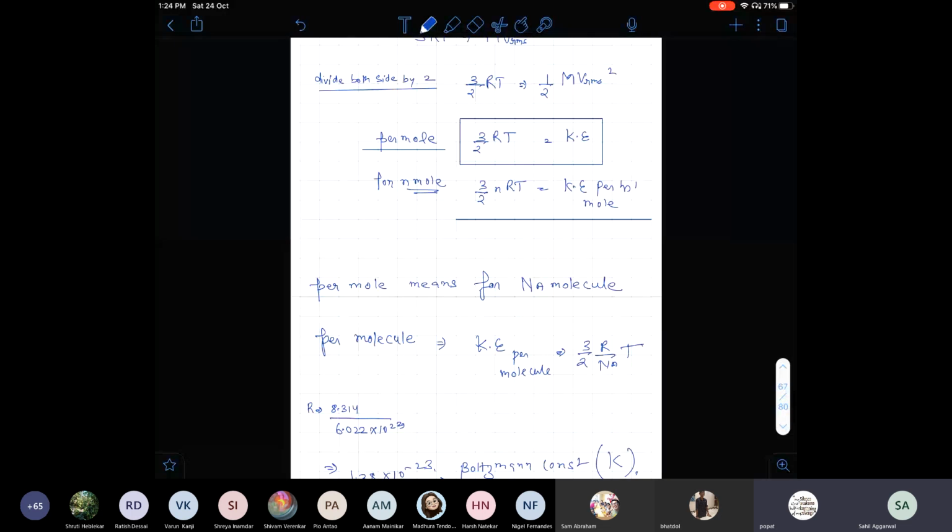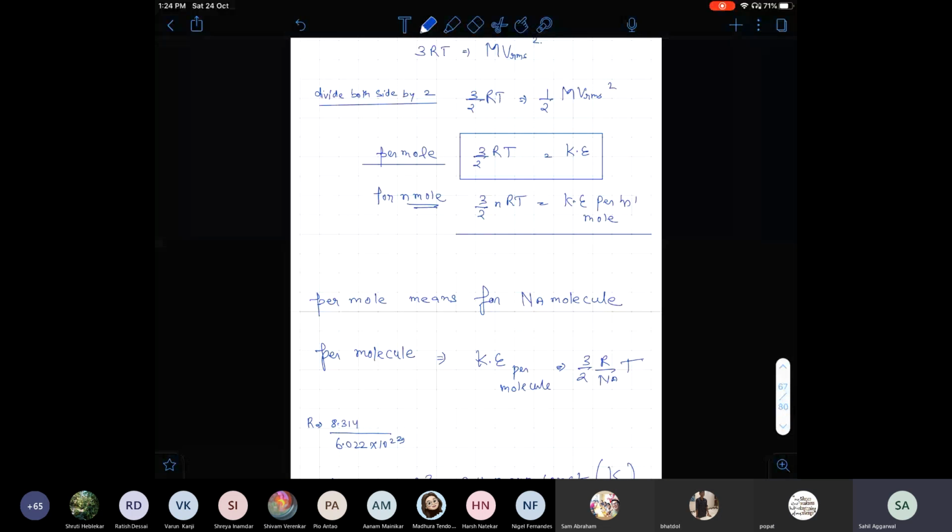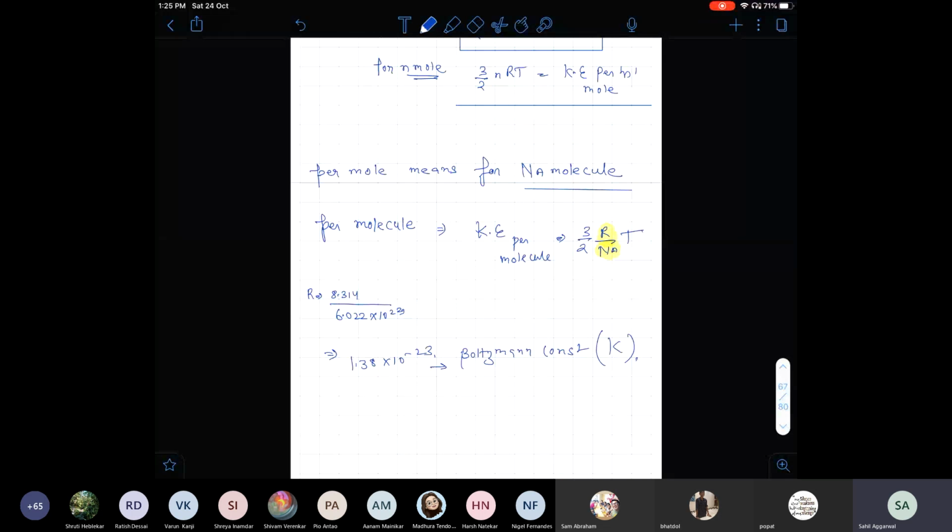I said for 1 mole we have Na molecules. That means for Na molecules we have energy 3 by 2 RT. If you want to calculate for 1 molecule, you have to divide it by Na. Na is a constant, R is also a constant, so we solve them separately. R by Na is equal to K, and its value is 1.38 into 10 to the power minus 23.